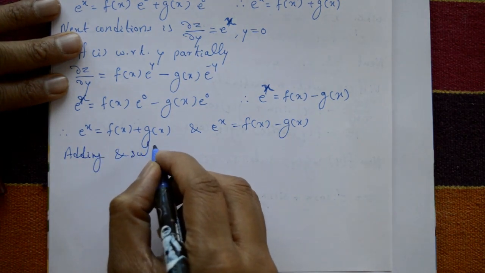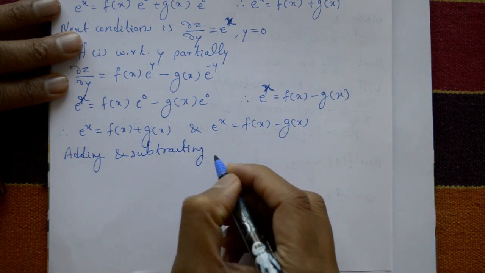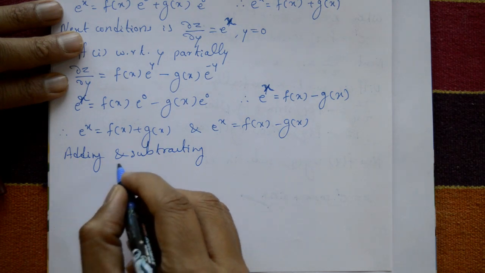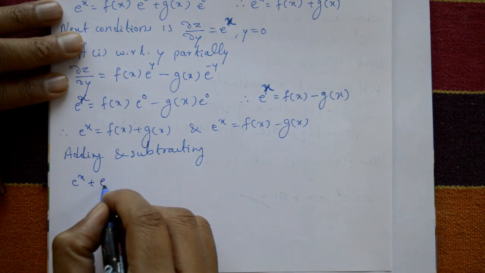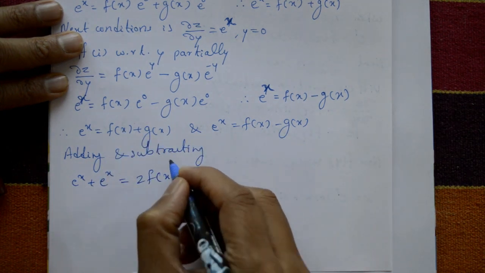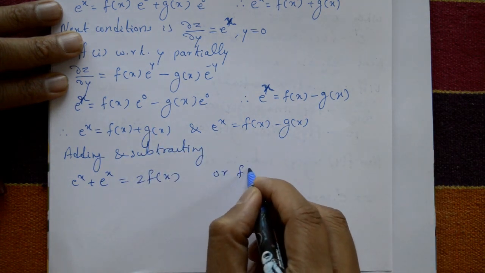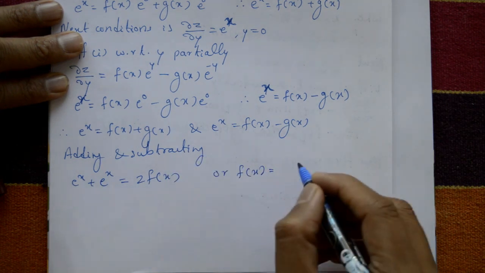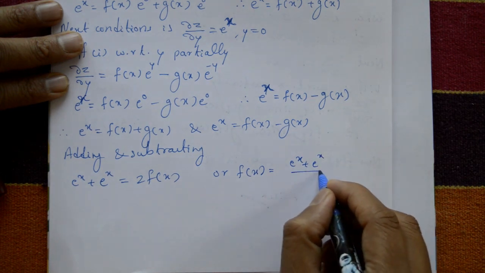First add them: e^x + e^(-x) = 2f(x), since g(x) and -g(x) cancel, so f(x) = (e^x + e^(-x))/2.